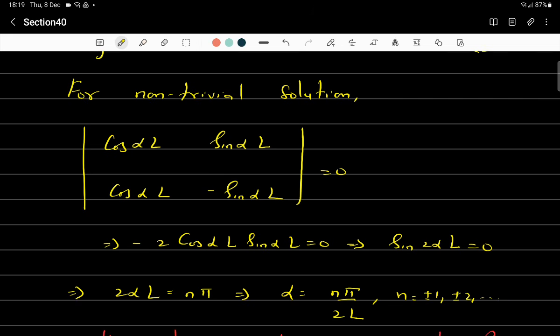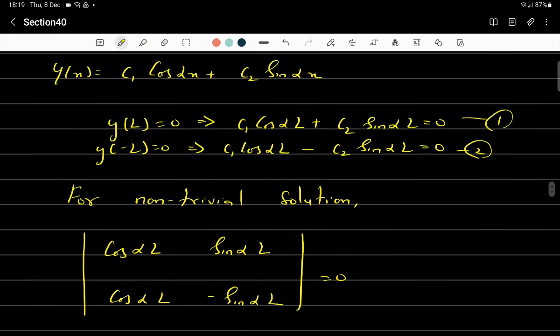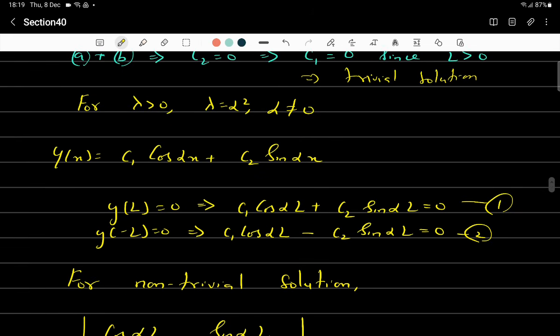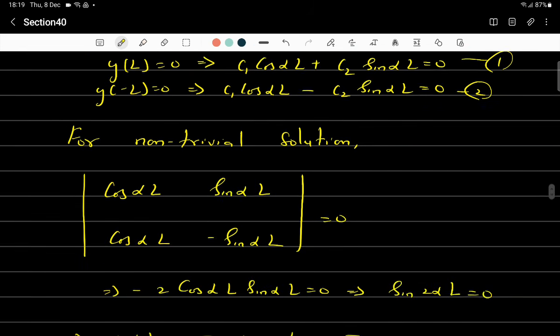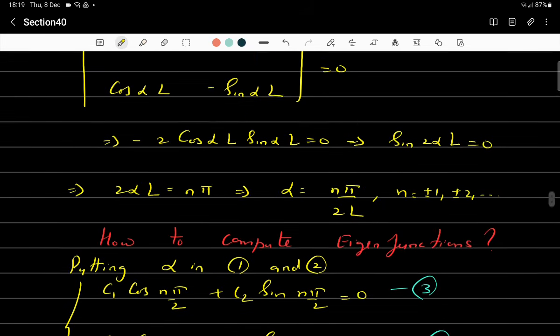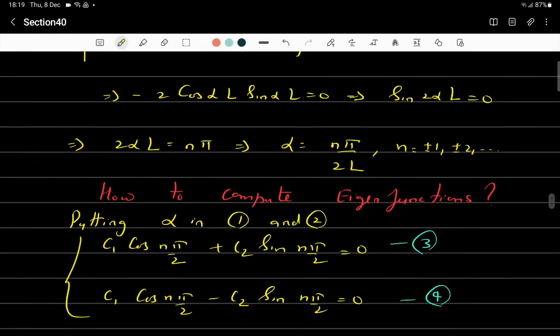But the question comes: how do I compute the eigenfunction? Because this is my y of x, from here the eigenfunction is not directly visible. So what I do is, in equations 1 and 2 I substitute the value of alpha, because I got the value of alpha. This gives me equations 3 and 4.